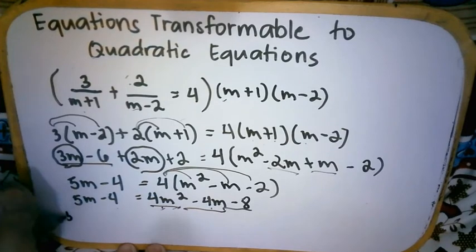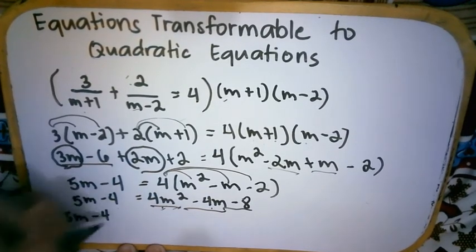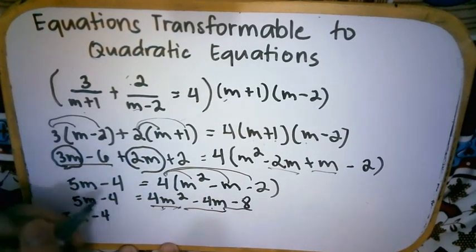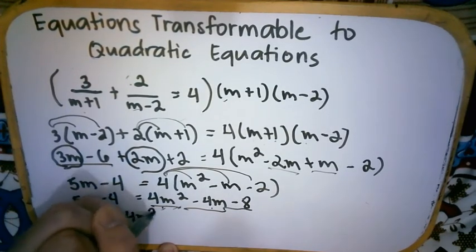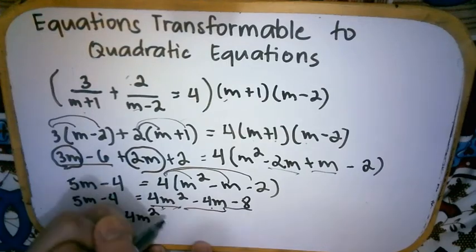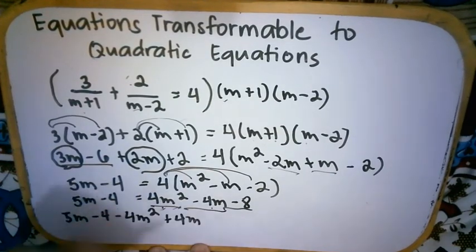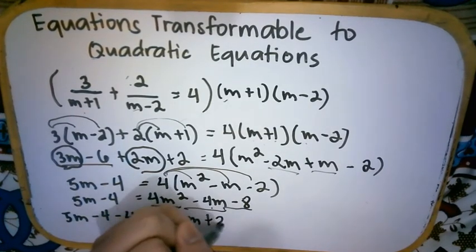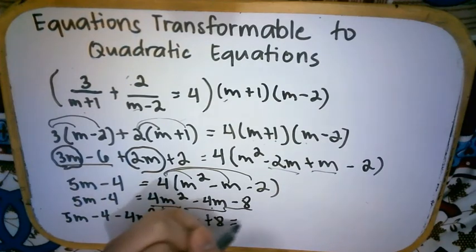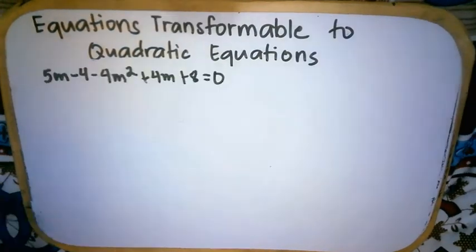I-rewrite muna natin yung 5m minus 4. And then, transposition. So 4m squared. So magiging minus 4m squared. Yung 4m will become plus 4m. And then yung negative 8 will become positive 8. And then equal to 0.